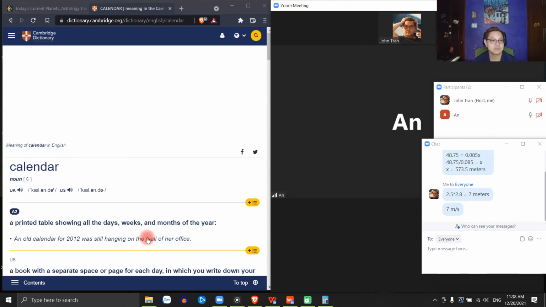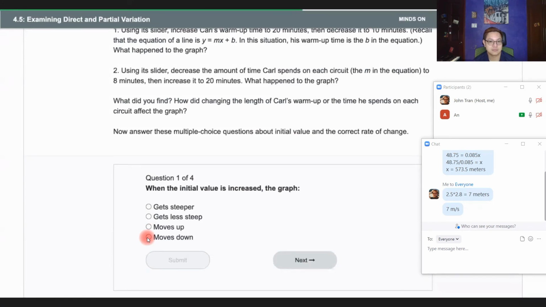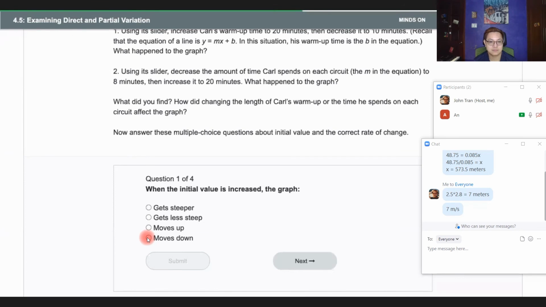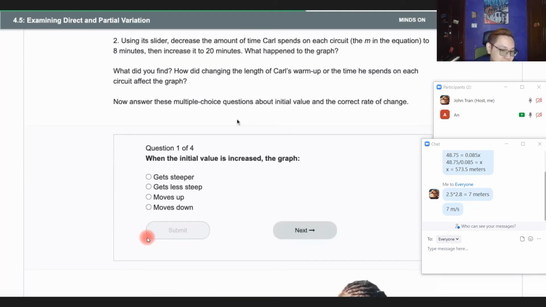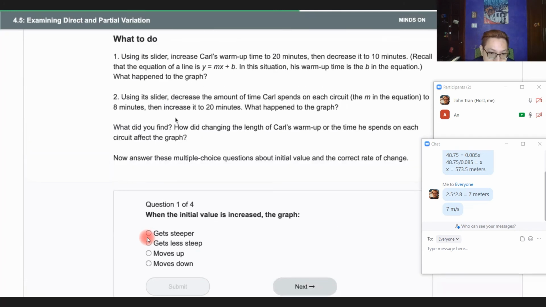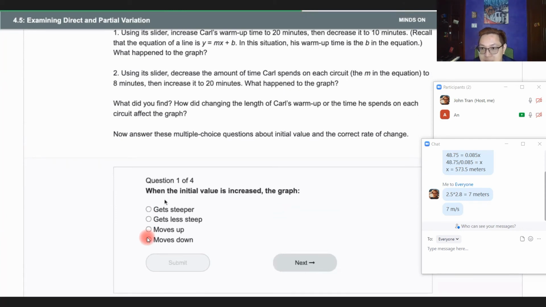Okay, go back. Question 104. When the initial value increases, the graph moves up. Correct. When the initial value decreases, the graph moves down, of course.